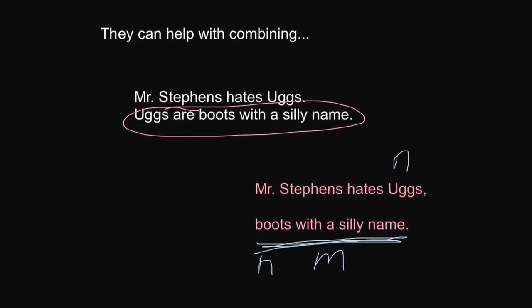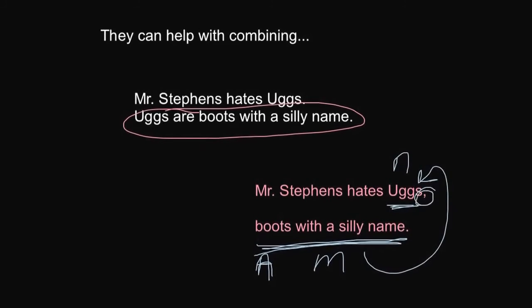Mr. Stevens is my subject because he's the one doing the action, right? So I have Uggs. Oh, I should make that an A because it's the appositive. So this appositive phrase describes Uggs. It renames Uggs. And look, even though it's at the end, appositives can go many places. We don't see them at the end as much. But here's the comma to offset it.